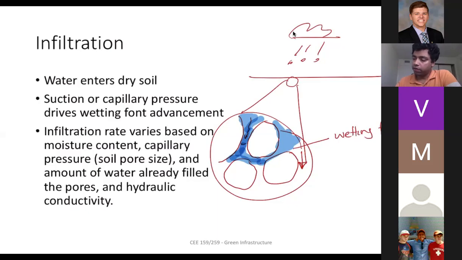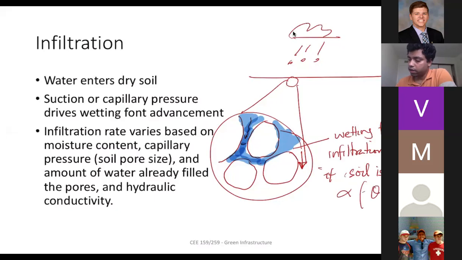So infiltration can increase if the soil is dry previously. The reason is, if soil is dry, there is less water to begin with, so for any drop of water there is more storage, so you can improve infiltration. So you can say that infiltration is directly proportional to the water content deficit.